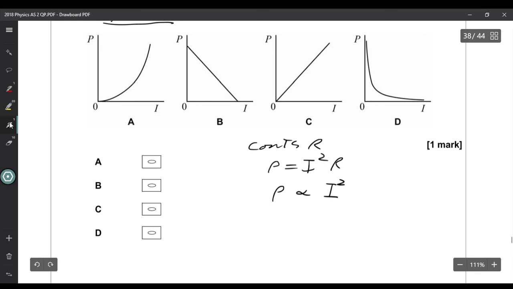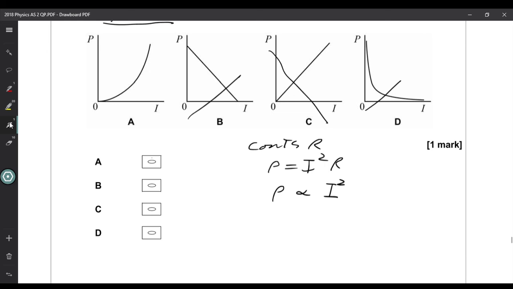So what this is telling us is that the larger I is, the greater P is going to be. So we can discount B and D, but we're also sure that P is proportional to I squared, not directly proportional to I itself. So we can discount this one as well. So the one that's left is A.